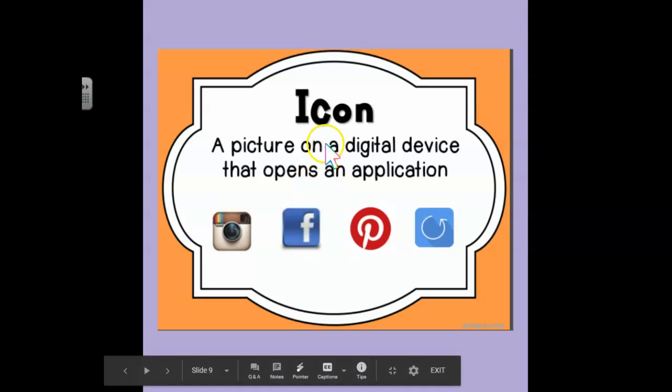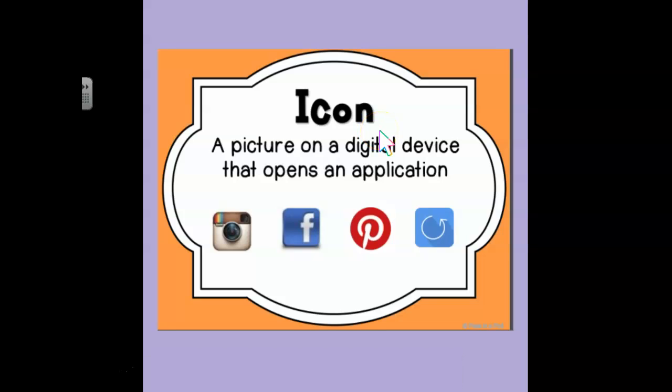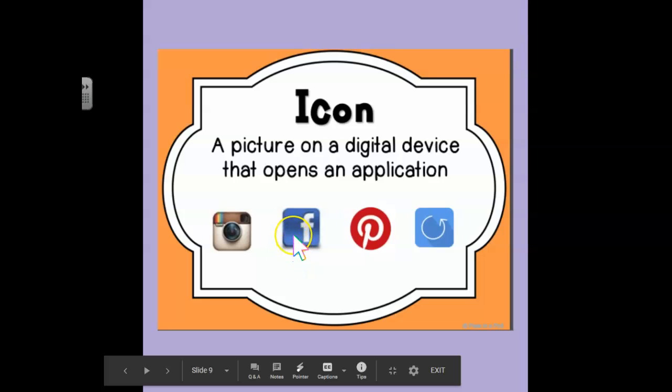All right, an icon is a picture on any kind of digital device. That means iPad, phone, computer. It's a picture that opens up an application. That means when you see that picture, if you click on it, it's going to open up something else for you to do. All right, so all of these are examples of icons. All right, what would happen if I click on this blue one?